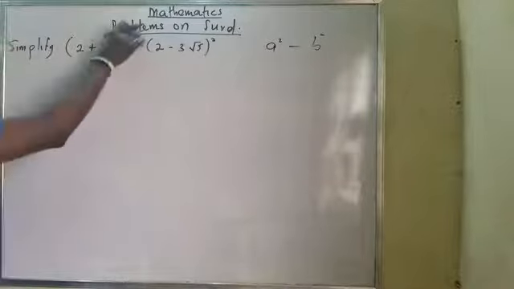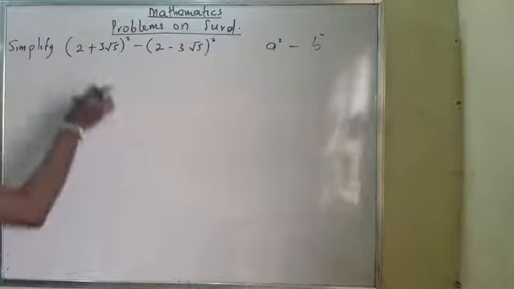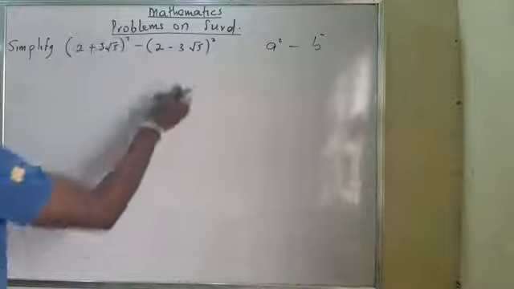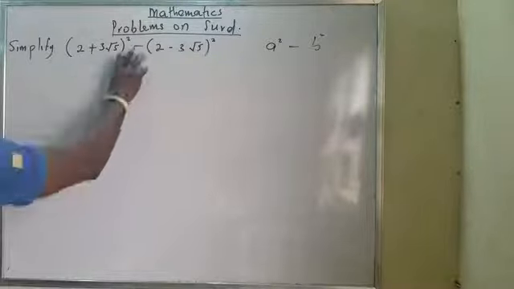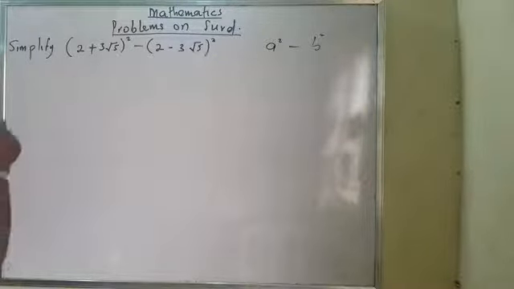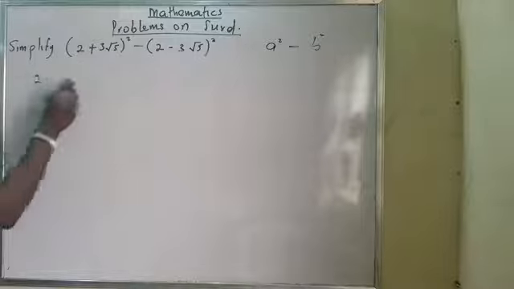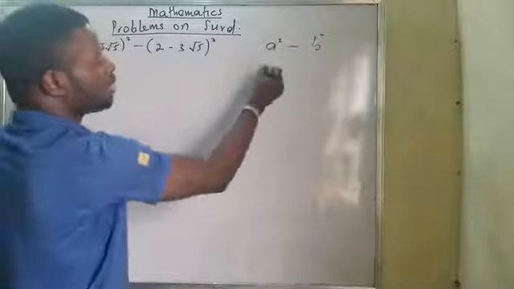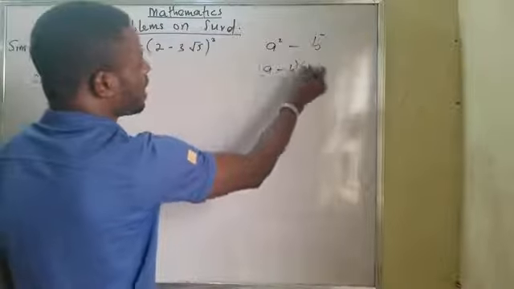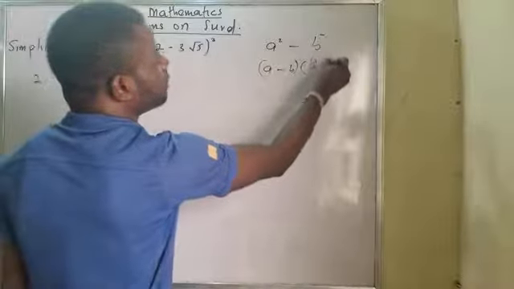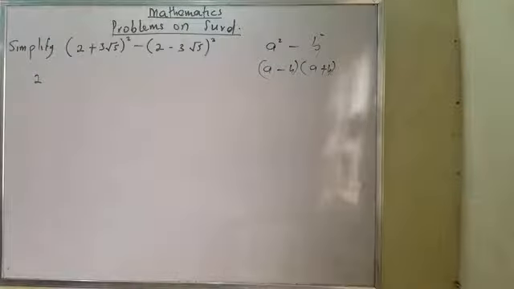Can you see that this is a square, and this also is a variable, and also there is a minus? It means in difference of two squares, this one will be a minus b and a plus b, however you want to do it.